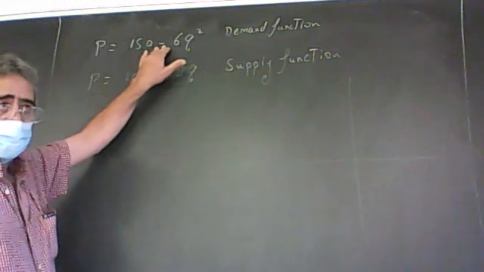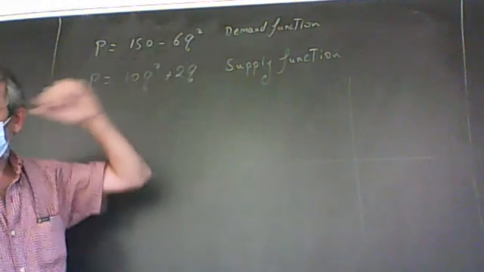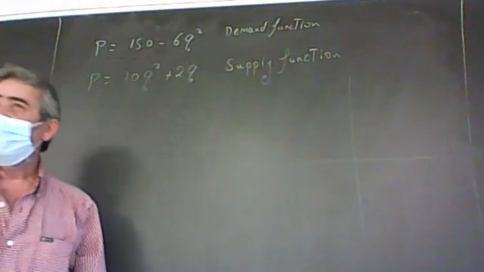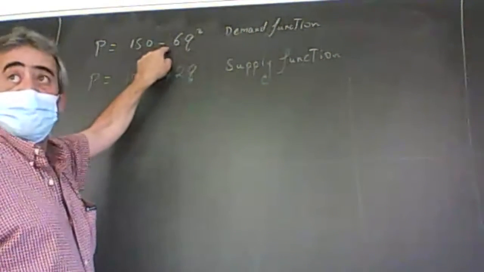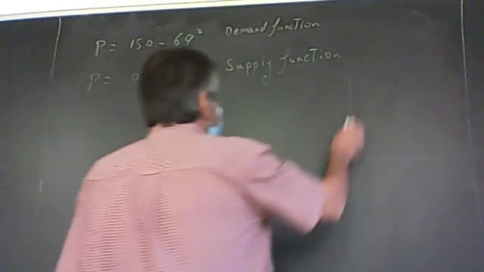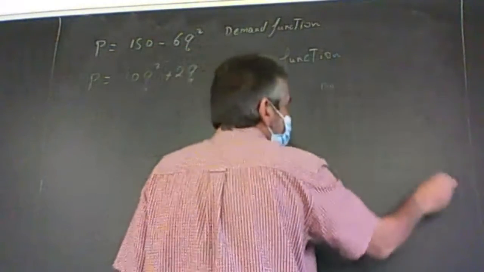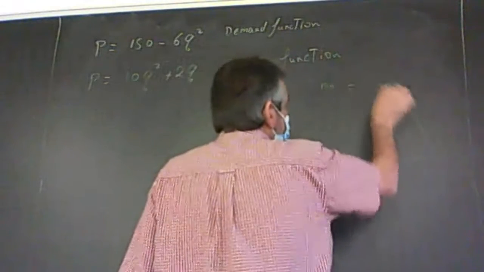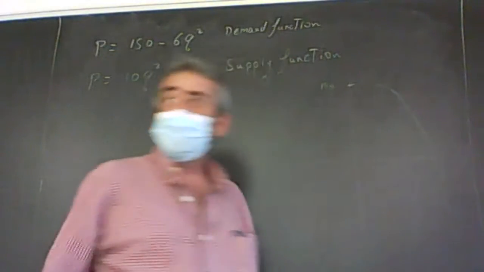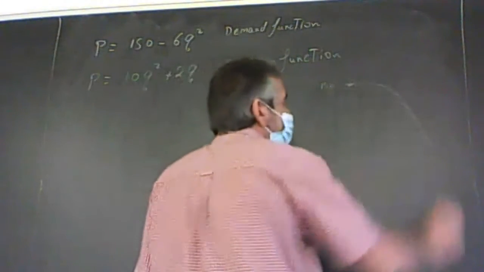However, this parabola is concave. Which way is it going, up or down? Down, because the number in front of the square is negative. So it's going to start here at 150 and go down this way.